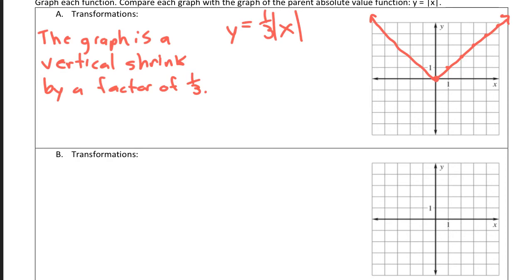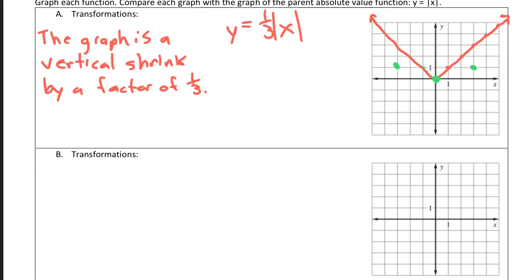And this graph is going to be wider. So how I drew that first line with a slope of 1, all I do here, I draw that first line, but with a slope of 1/3. So I start still with a vertex of 0, 0, but I go up 1 and right 3. Up 1 and left 3.